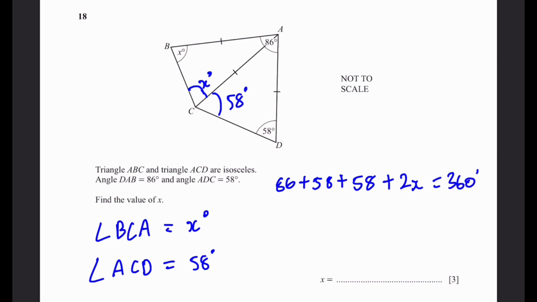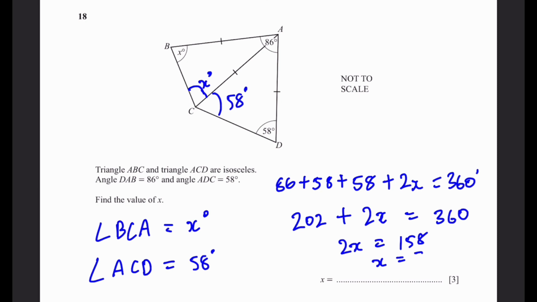Now 86 plus 58 is equal to 116 plus 86, which is equal to 202. So 202 plus 2x is equal to 360. 2x equals 360 minus 202, 158. x equals 158 by 2, which is 79. And 79 degrees is the answer.